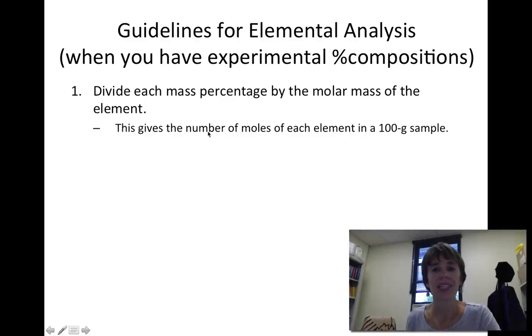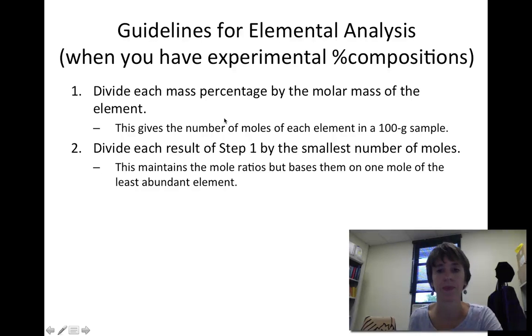What we want to do is assume that those percentages apply to a specific sample, and using a 100-gram sample works really well. It's a nice convenient number. So if we take, say, the 40% of X and express that as 40 grams, we can divide by the molar mass to figure out how many moles are in that arbitrary 100-gram sample.